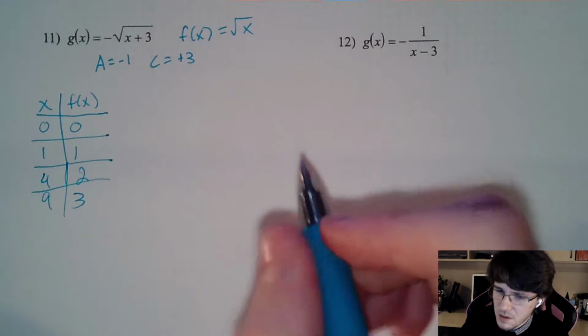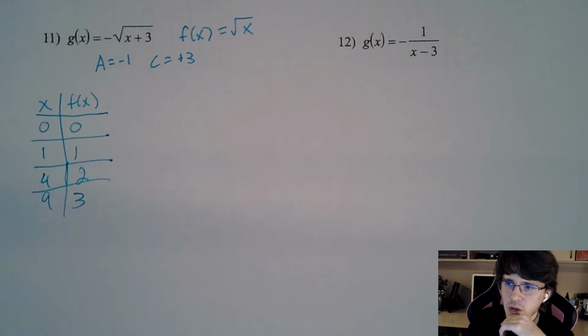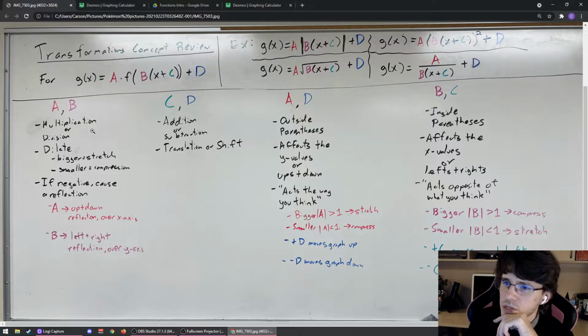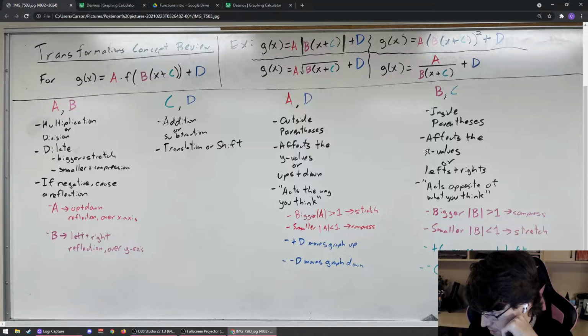After that, let's check out what our notes say, because we haven't looked at our notes in a bit. The notes say that A and B are always multiplication or division, and C and D are always addition or subtraction. Furthermore, the A and the D, which affect the up and down values, affect the Y values. And the B and the C, inside the parentheses here, affect the left or right, or the X values.